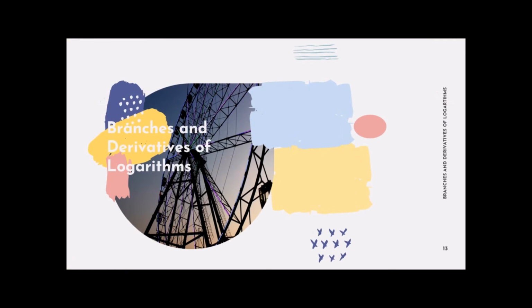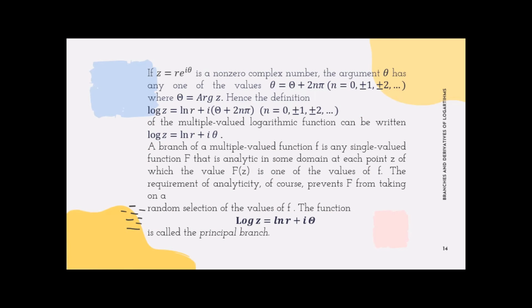Go to the next slide: branches and derivatives of logarithms. If z = r e^{iθ} is a non-zero complex number, the argument has any one of the values θ + 2nπ for n = 0, ±1, and so on, where θ is the principal argument of z.